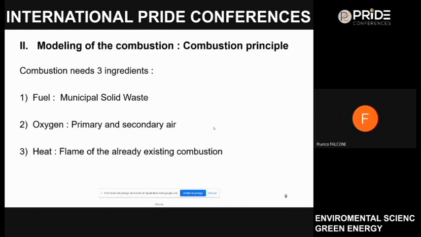And finally, the heat that will maintain the combustion is given by the flame that already exists, which means that this combustion uses its own energy in order to continue burning.